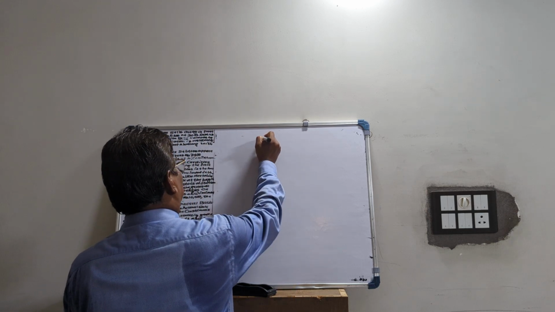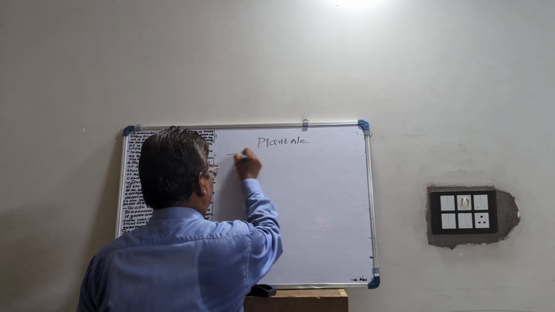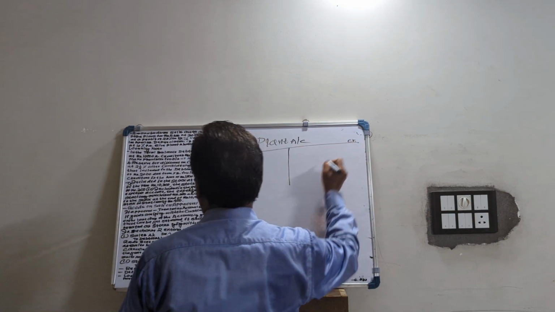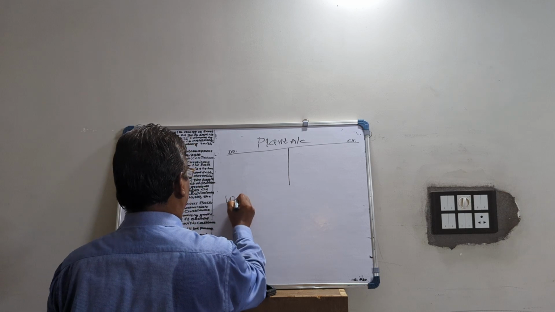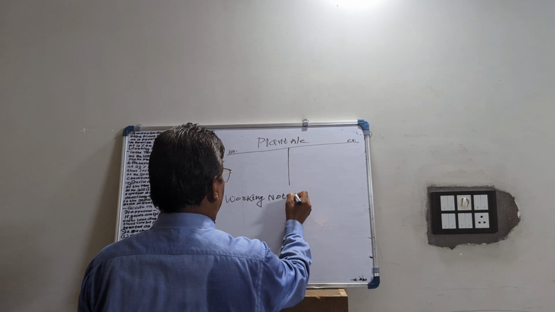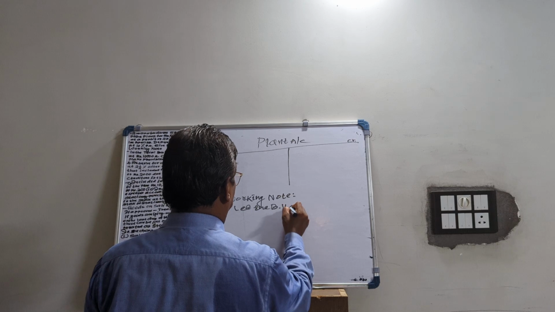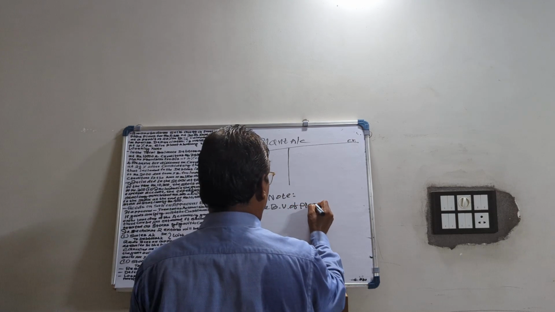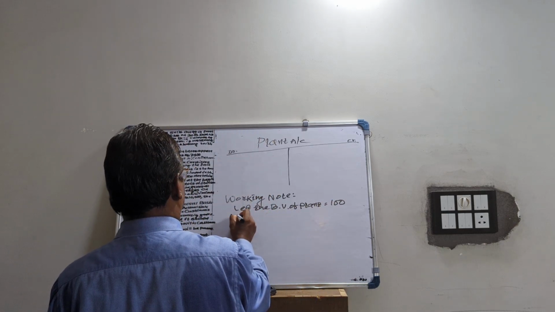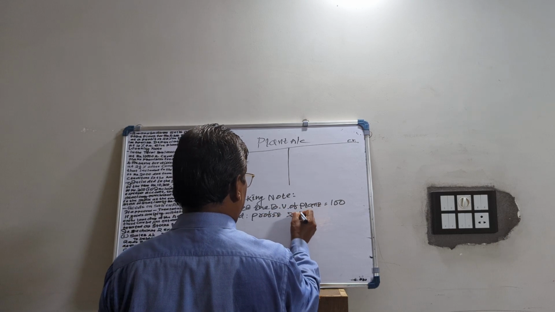So first we will start the plant account. Under plant account, this is an asset, so the left side is debit side with opening balance, and this is the credit side. What happened here? We will do the working note. On the working note, let the book value of plant be 100. When book value of plant is 100, then add profit of 25%.